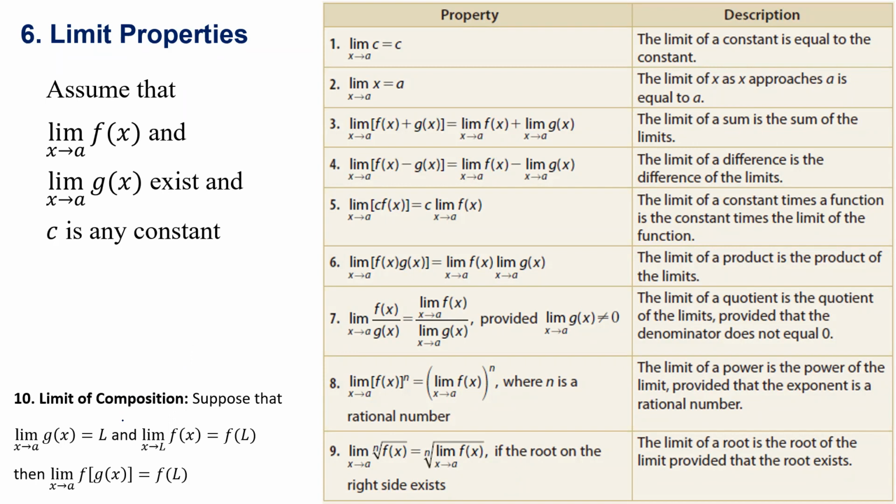And last, we have the limit of a composition of functions. Suppose that the limit of g(x) as x approaches a equals L, and the limit of f(x) as x approaches L is f(L). Then the limit of f(g(x)) as x approaches a equals f(L).